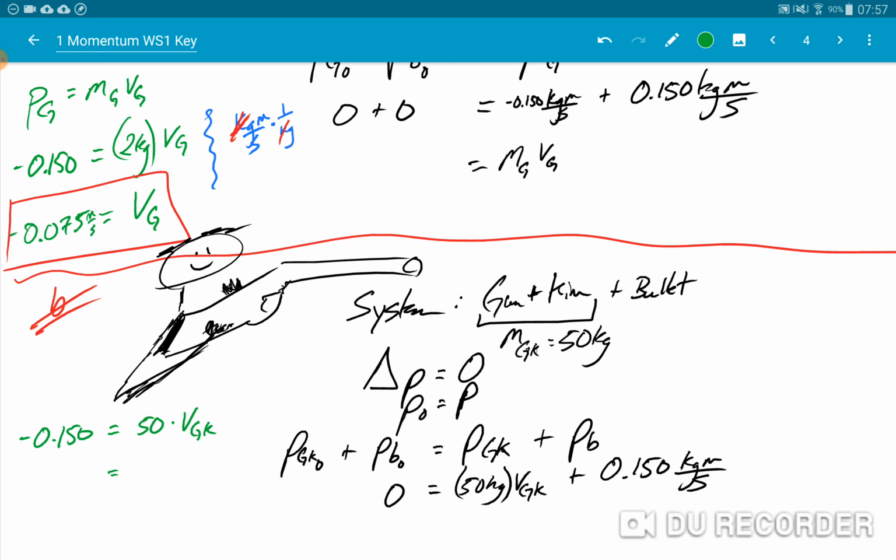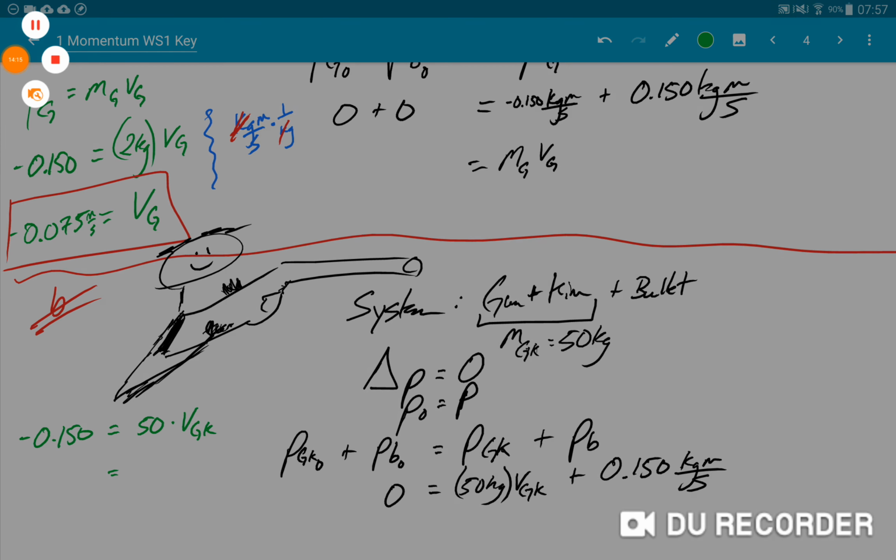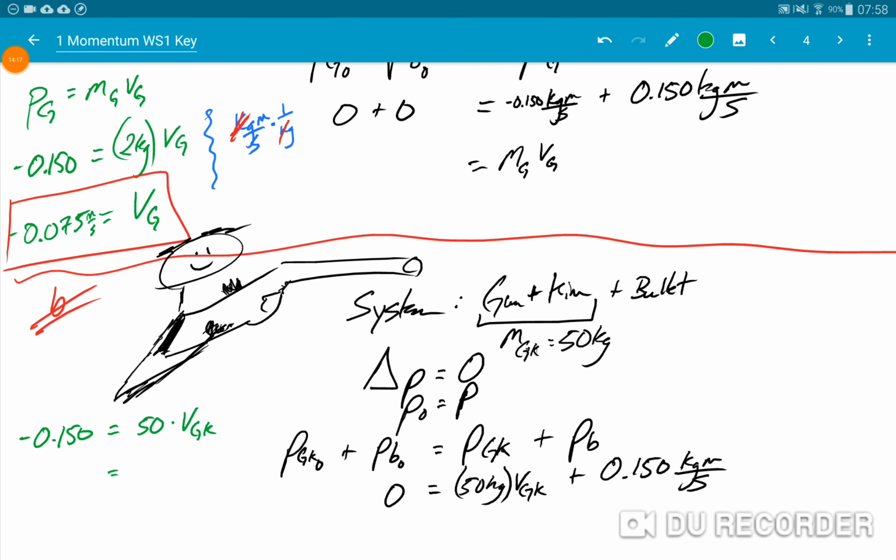I go and divide by 50 there, and oh, I gotta grab a calculator. Hold on, let me pause this real quick. And I'm back. Okay, so negative 0.15 divided by 50, and I get negative 0.003, and again, that's meters per second. Those units work out just nicely as we showed before.